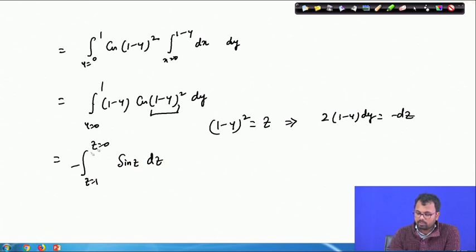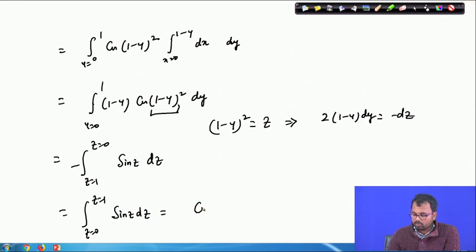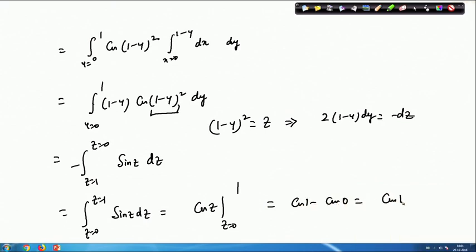Since we have minus here, we can change the limits, so z runs from 0 to 1 of sin z dz, and then this will be cos z running from 0 to 1, cos 1 minus cos 0, so basically 1 minus cos 1.